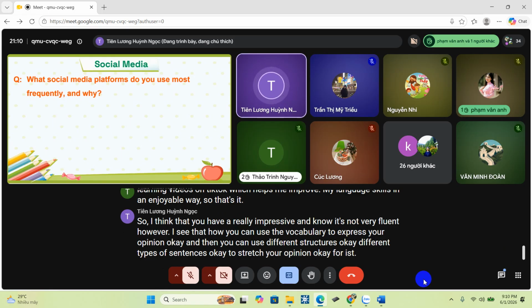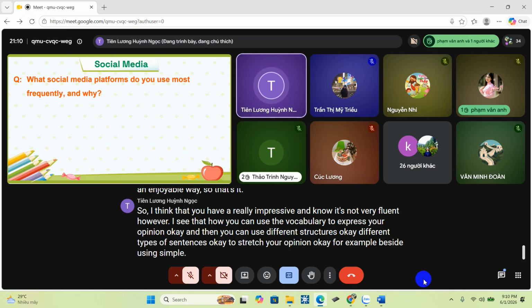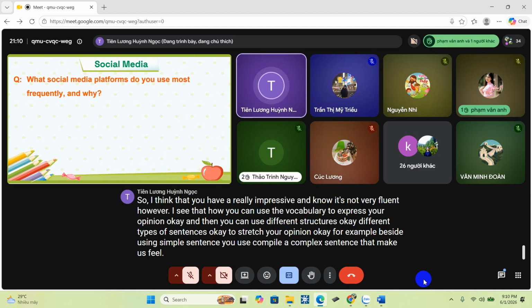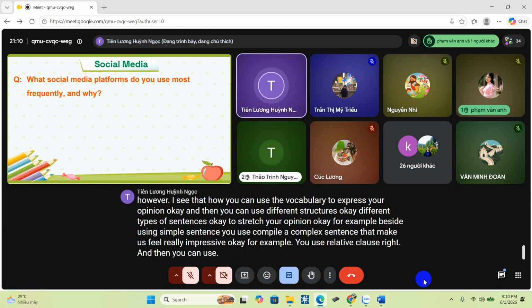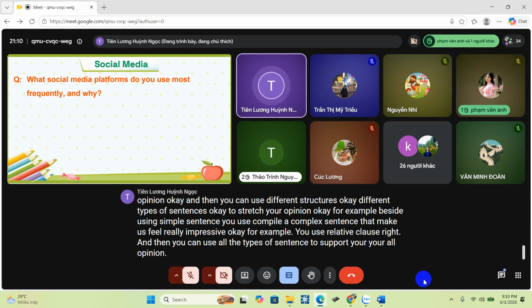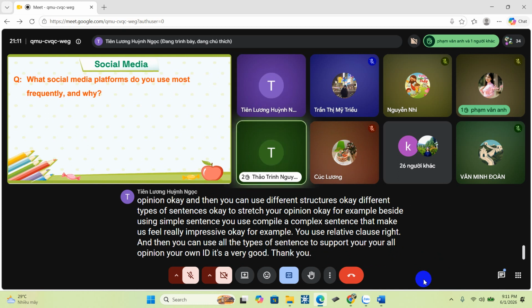For example, besides using simple sentences, you use compound or complex sentences that make us feel really impressed. For example, you use relative clauses, right? And then you can use other types of sentences to support your own opinion and idea. It's very good. Thank you. Yes, thank you, teacher.